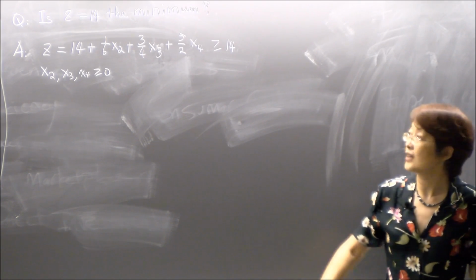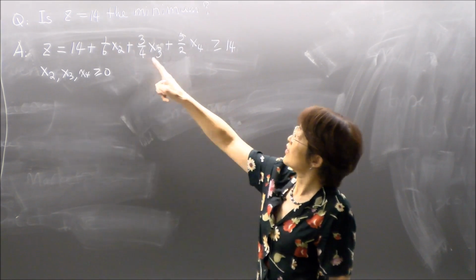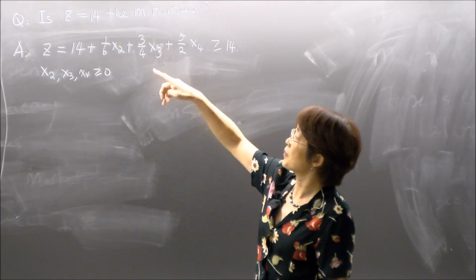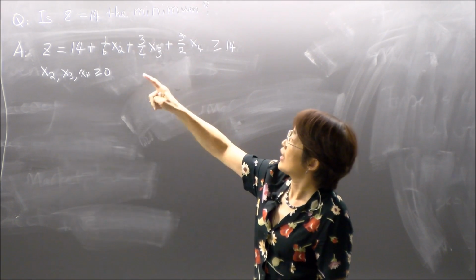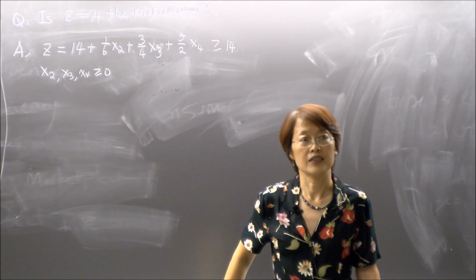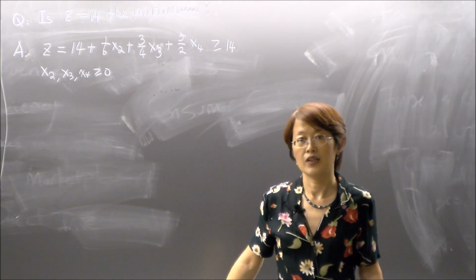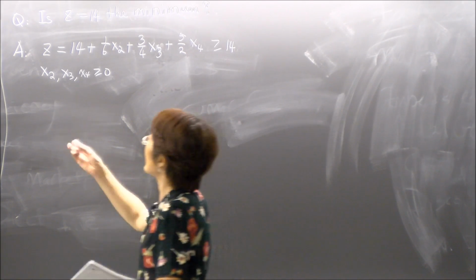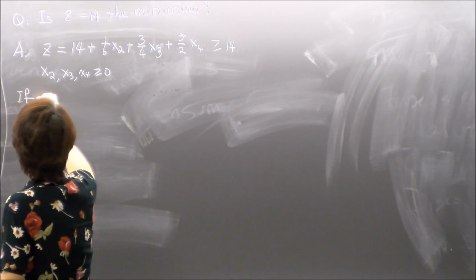Because if we make any other change, if we make any of these to be the basic variable, to be bigger than 0, I will increase the z value. Do we see that? So there's no point in doing it, right? So let's put that down.